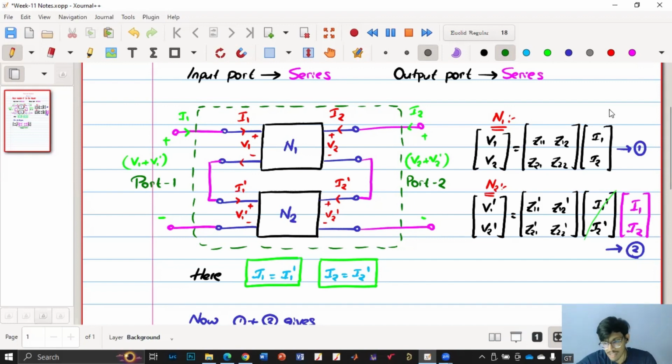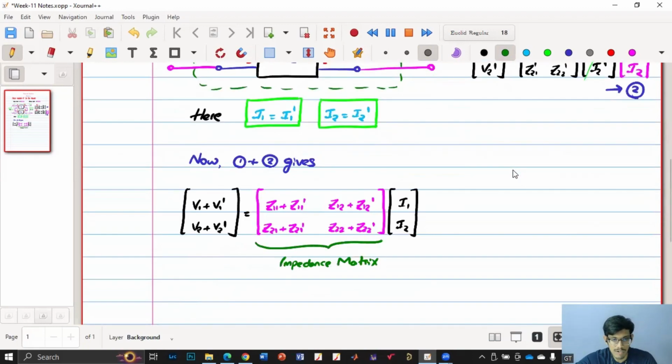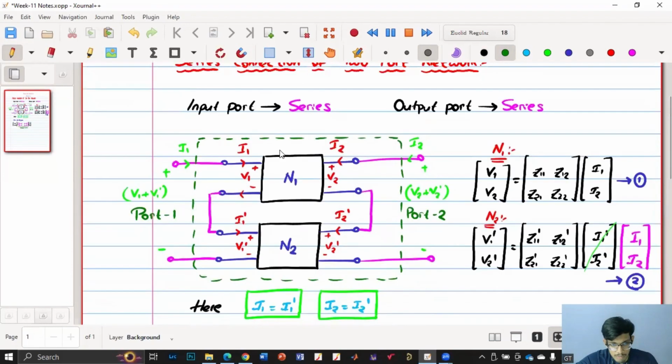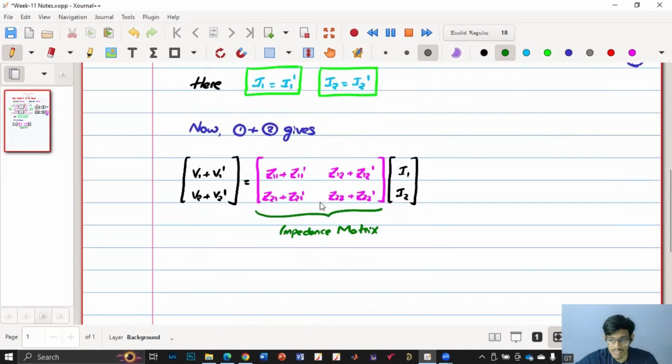That is the main reason we have considered the Z matrix. Similarly, you can do it for H parameters, Y parameters, but there it may not be as straightforward as we got over here. Because they're connected in series, currents are common, and that's why Z parameters are simple to calculate.